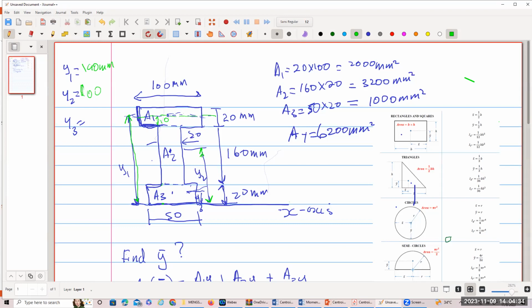All right. Let me just go again. So this was 190 millimeters, this is 100 millimeters, and y3 is 10.